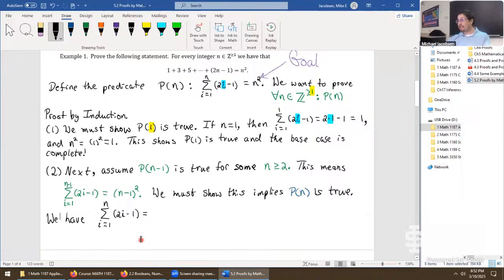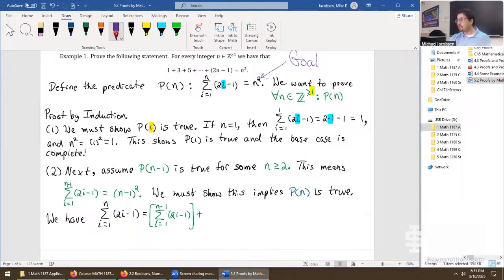Let's do exactly that. This sum can now be rewritten as a summation as i goes from 1 to n minus 1. So we're not doing the total sum here any longer. We're doing almost all of it except for the last term, still for the structure 2i minus 1.